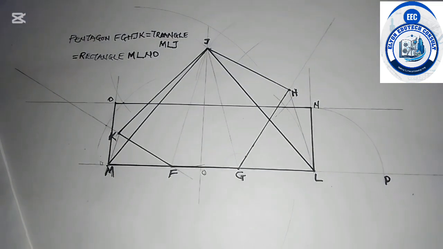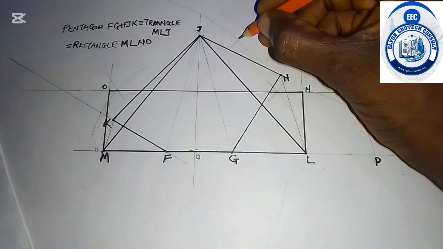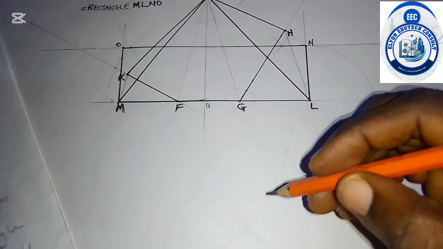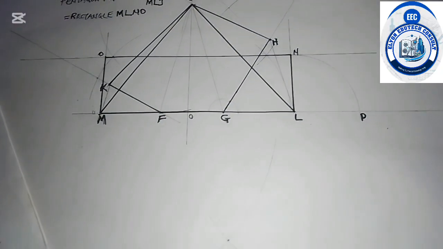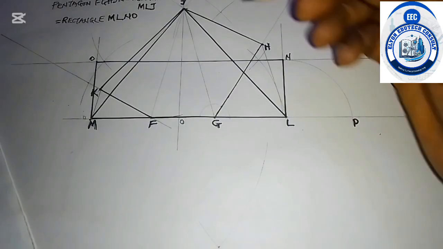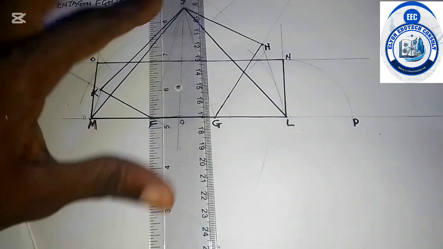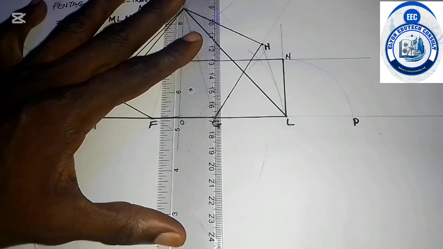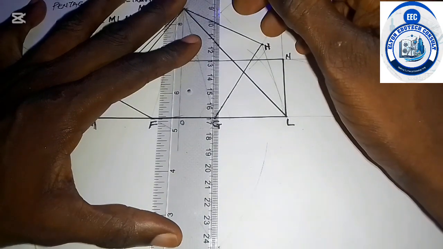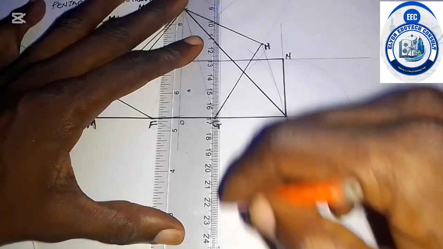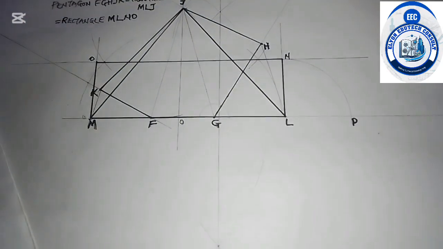So you can see we have this point and this point here. Those 2 points. So what will I do? I will take my ruler, join the points together with a thin line this way. All right, so we have that.